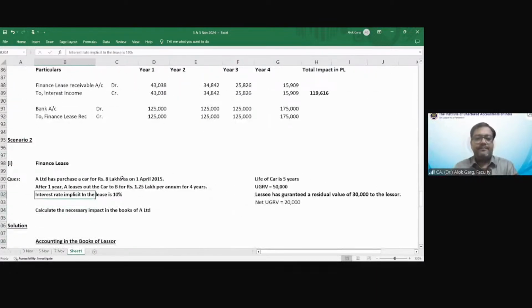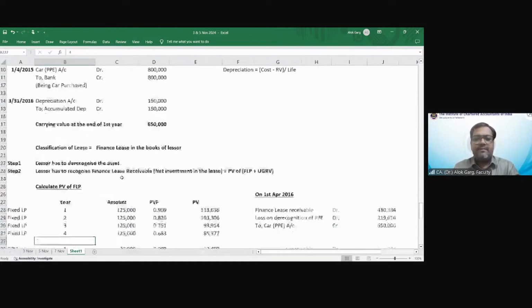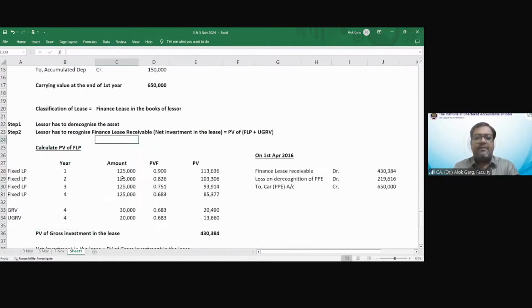Scenario 2: after 1 year, A leases out this car to B for 1.75 lakh per annum. So let's say instead of 1.25 lakh, it is 1.75 lakh per annum. Rest, all the information is the same. So instead of 125, I'll make it 175.